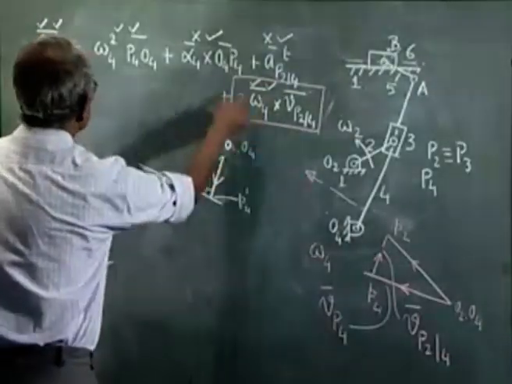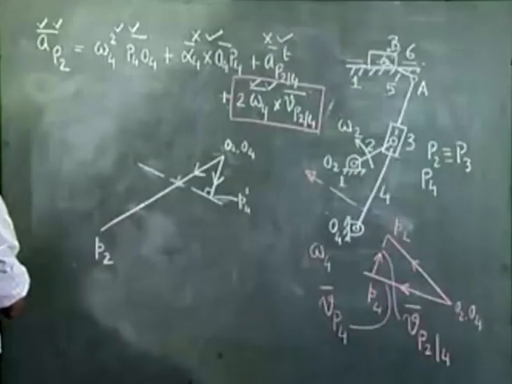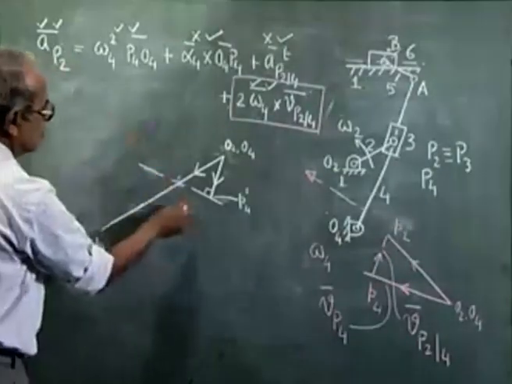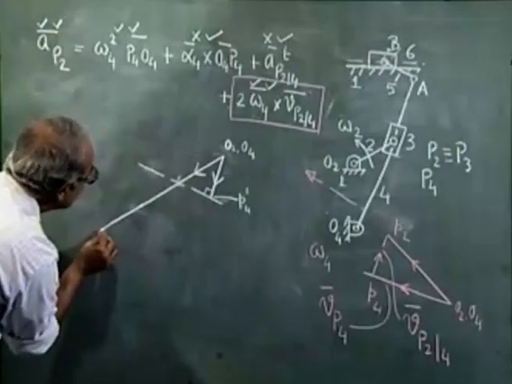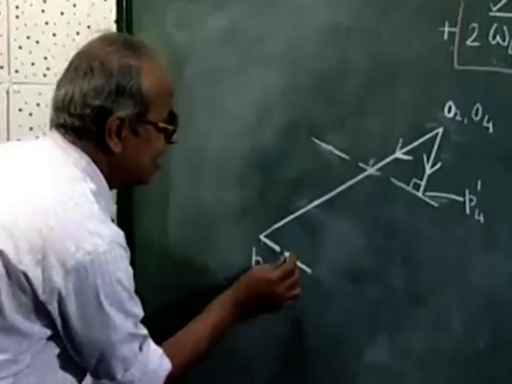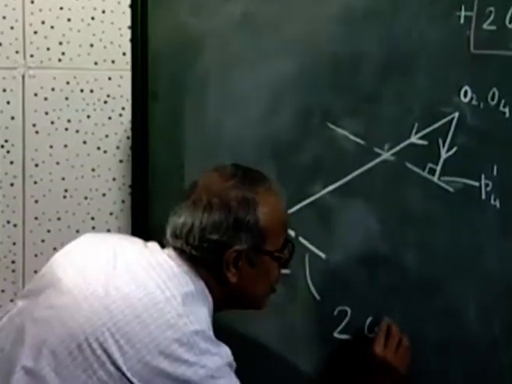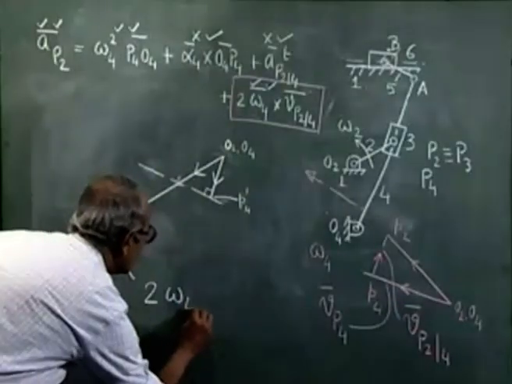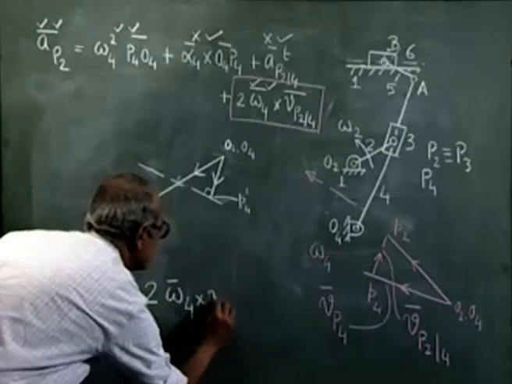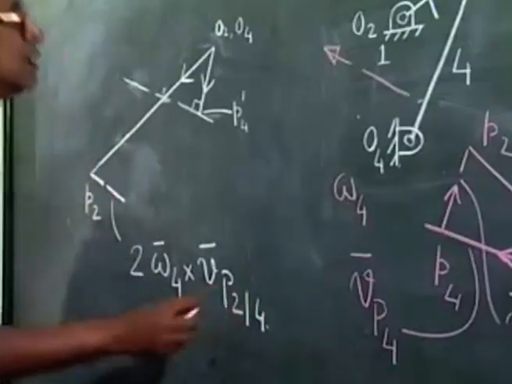Now, if I transfer this term to the left hand side, it comes with a negative sign. So here I draw parallel to this line with the magnitude twice omega 4 cross Vp24.